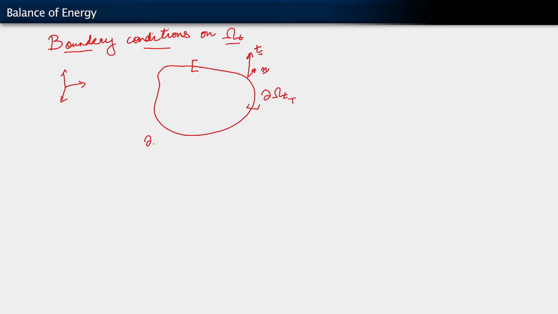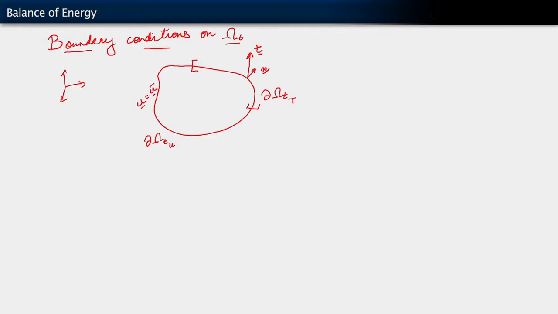And so the remaining boundary subset, the complement of the traction boundary, is what we will denote as partial of omega t sub u. The u there reminds us of the displacement. On this boundary subset, we have displacement boundary conditions specified. So on this part of the boundary, we may have u equals u bar.